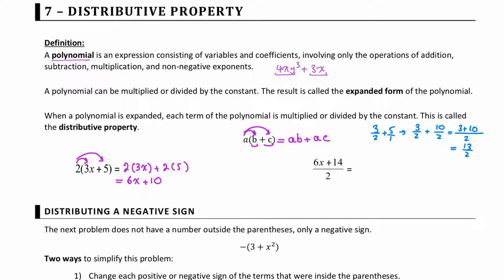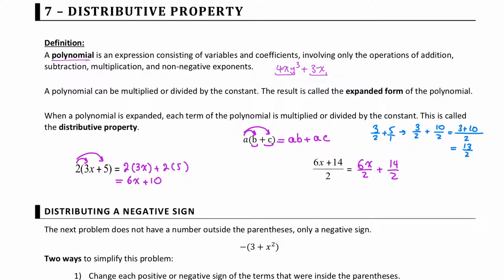So going back to the example that we're doing now, the numerator is written as 6x plus 14, and the whole thing is divided by 2. So this means that I can break this down to 6x divided by 2 plus 14 divided by 2.